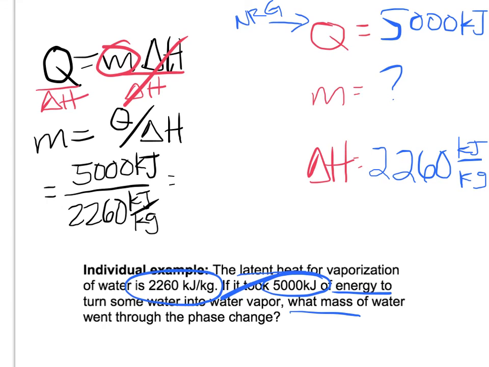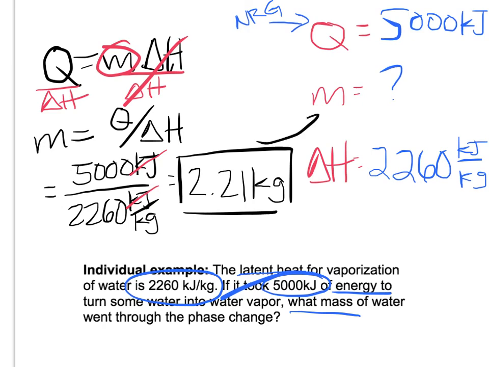And I get a final answer of 2.21. Then I look at my units. Kilojoules cancel out, so I'm just left with kilograms. So that is how many kilograms of water, and that is my mass.